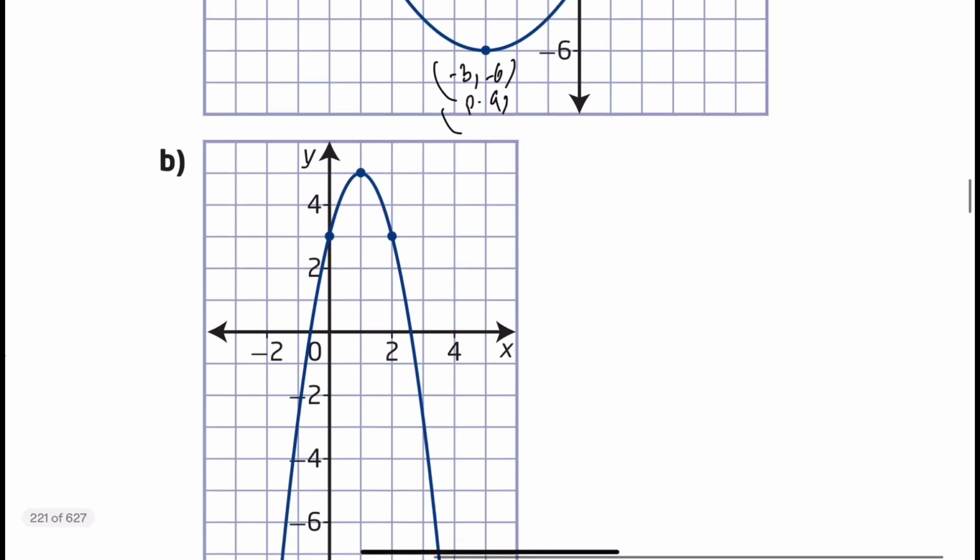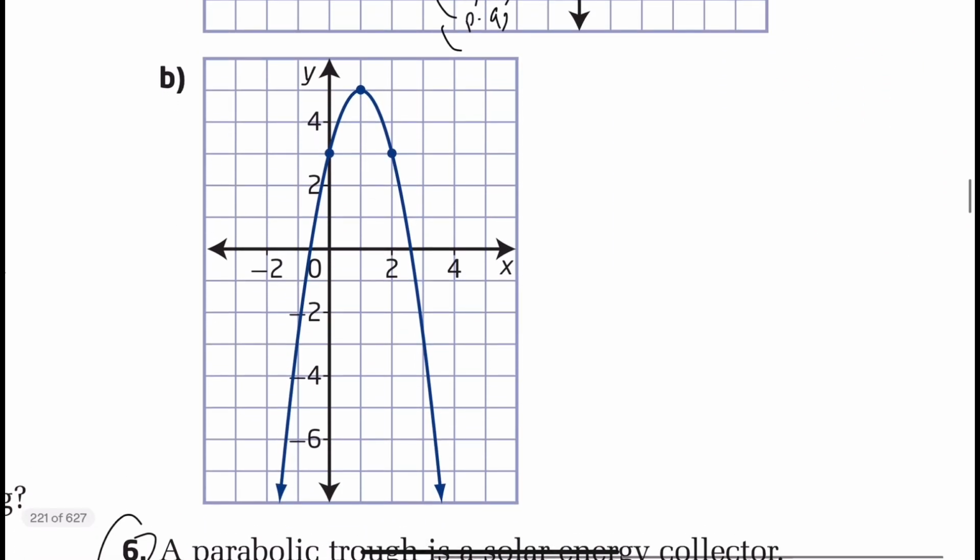You can do the same thing for this one, same stuff. You have your vertex V here, which is x is 1 and y is 5. And you just write your equation as y is equal to a times (x minus 1) squared plus 5.